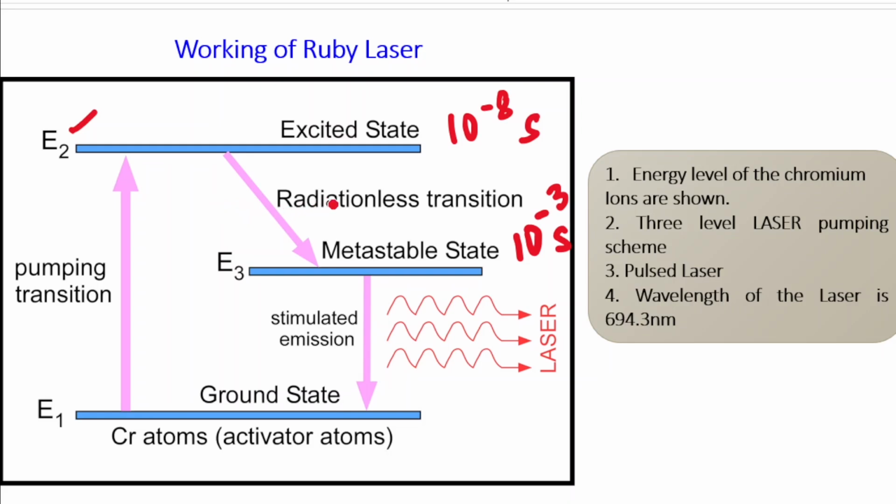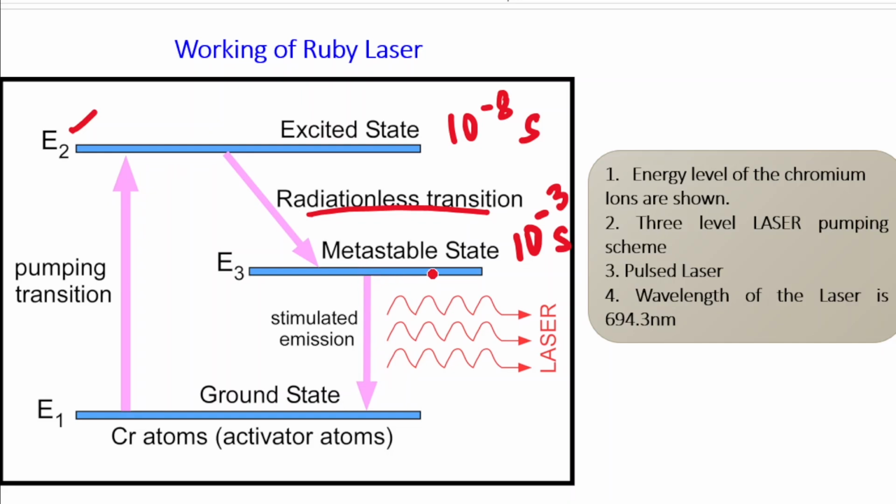Now, since the lifetime of the excited state is very small, that is around 10 to the power minus 8 second, the excited ions rapidly relax and drop to the metastable state E3. Now, this transition is a non-radiative transition, that is radiationless transition, as the energy released by the excited ions is absorbed by the lattice in which they are embedded and gets dissipated in the form of heat.